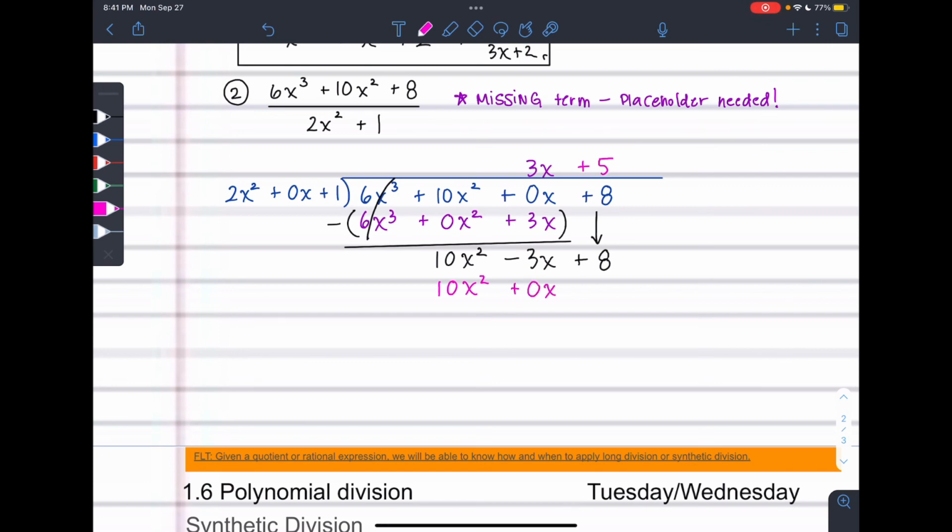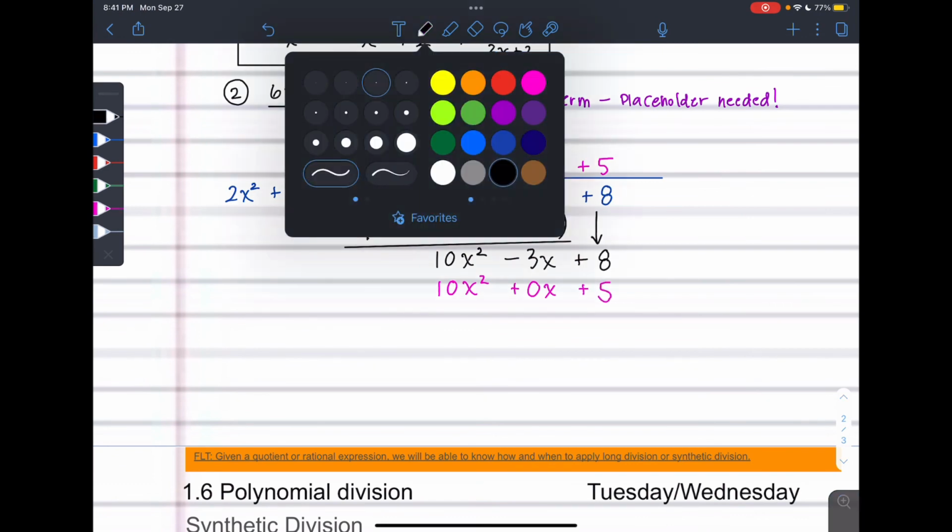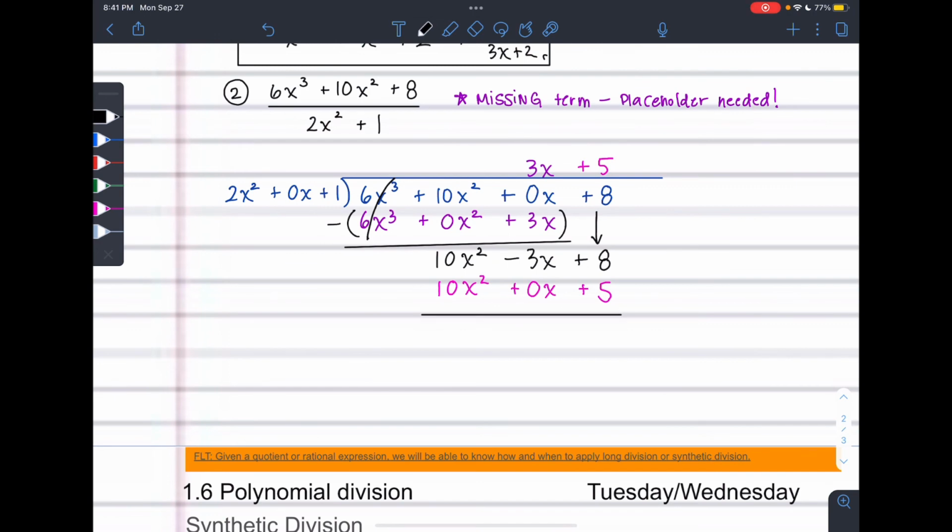And 5 times 1 is 5. All right, so we will subtract it off from the terms above. 10x squared minus 10x squared goes away. Negative 3x minus 0 is negative 3x. And 8 minus 5 gives us positive 3. And we are almost done.